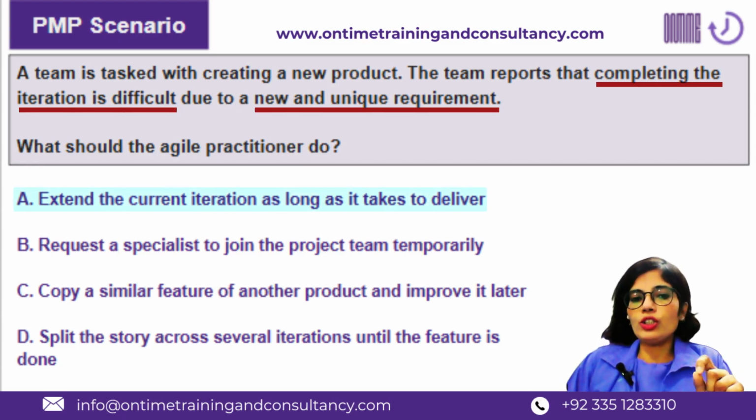Extend the current iteration as long as it takes to deliver, which is option A. Option A is right away incorrect.